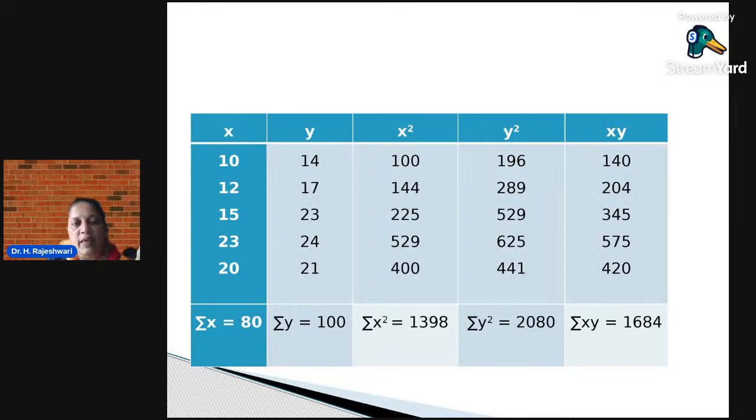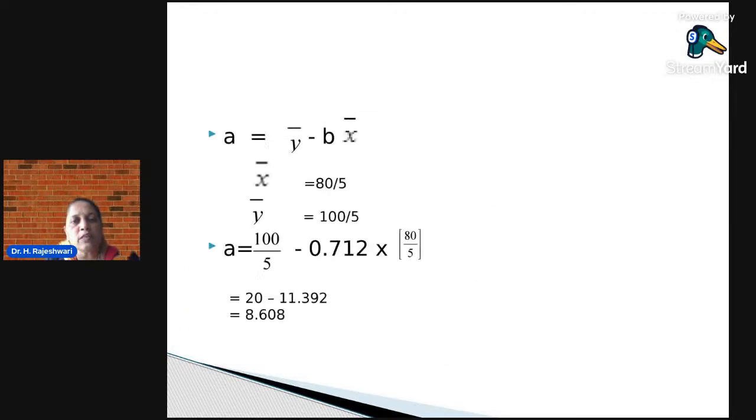We know sigma y divided by 5, that is y bar. So substituting here, x bar equal to 80 by 5 is 16, y bar equal to 100 by 5 is 20. Substitute to find the a value: a equal to 100 by 5 minus 0.712 into 80 by 5, so 8.608. This is the a value.